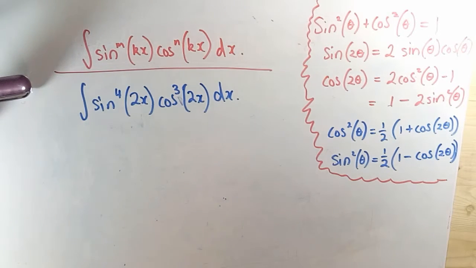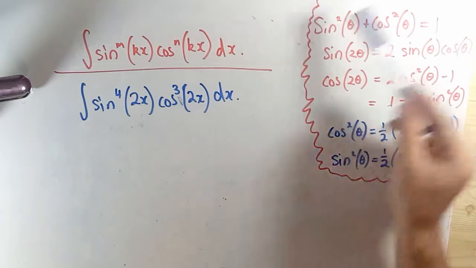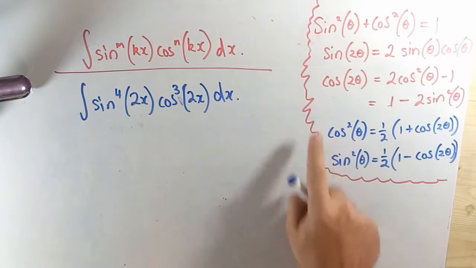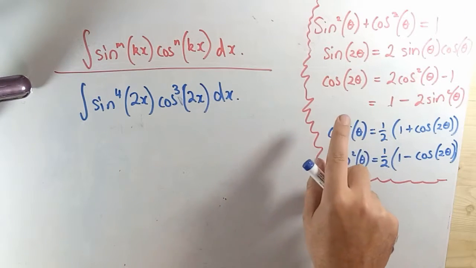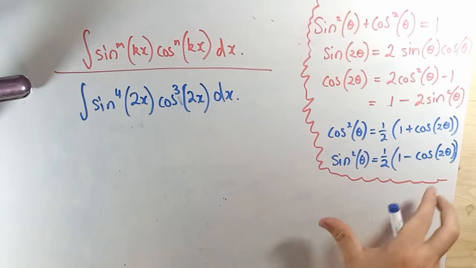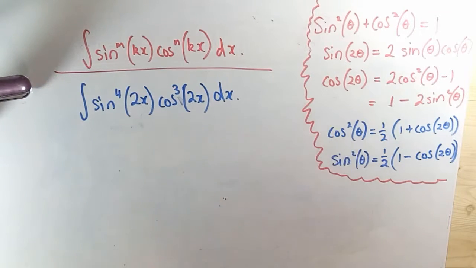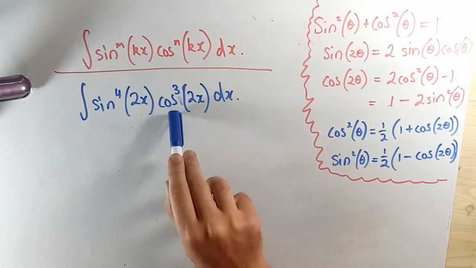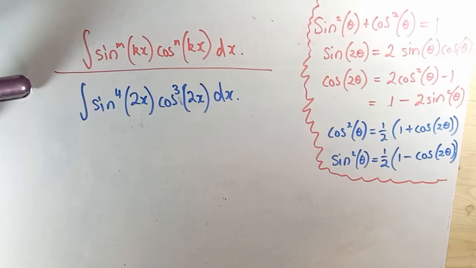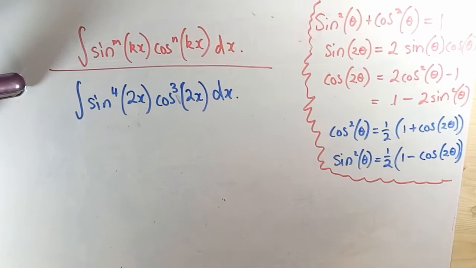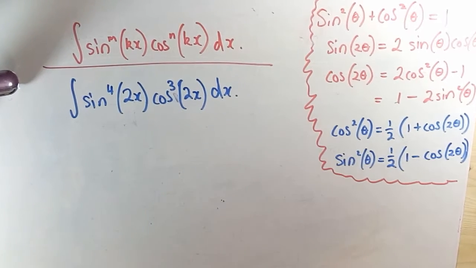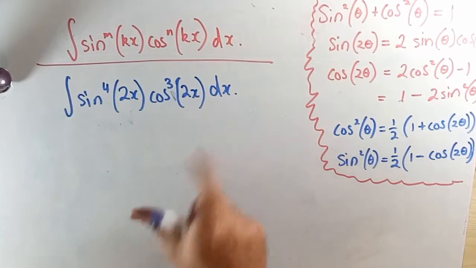So the strategy for this one, now I've written some identities over here for later use because all these identities are really useful when doing these integrations. When you've got at least one that's odd, if both are odd you would still use this strategy, but if one is odd, then you break it up.